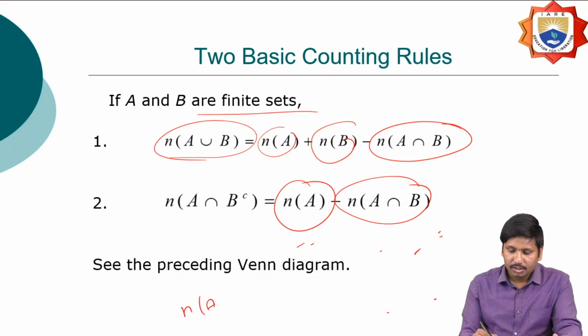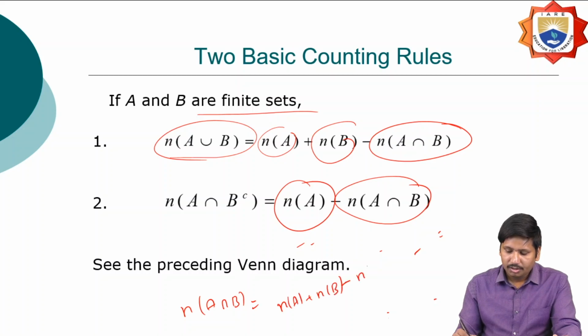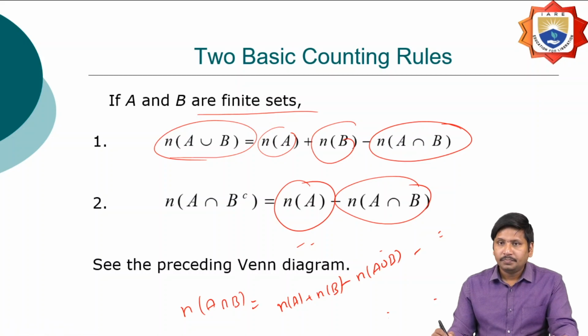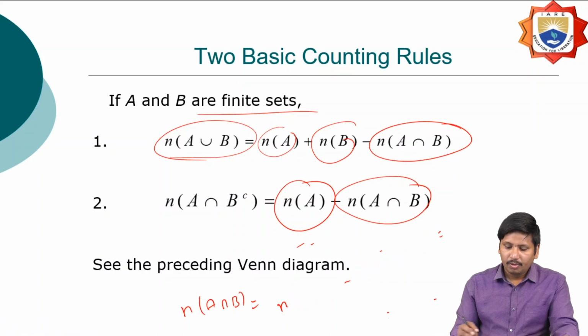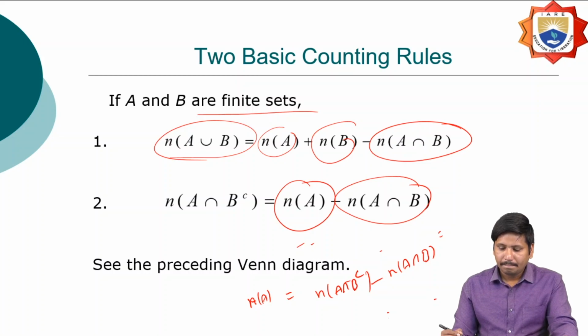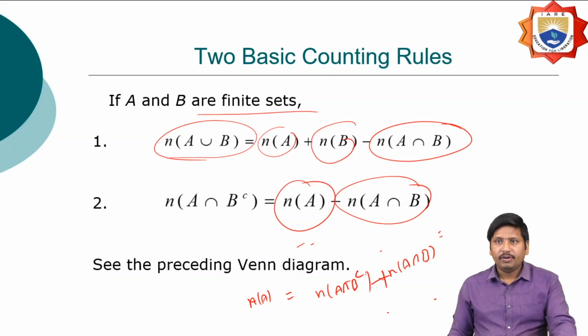Suppose I have n of A union B, so n of A plus n of B minus n of A union B, I can get the n of A intersection B. So similarly, n of A is equal to n of A intersection B complement plus n of A intersection B. So based on these rules, I can find out the number of elements in the set.